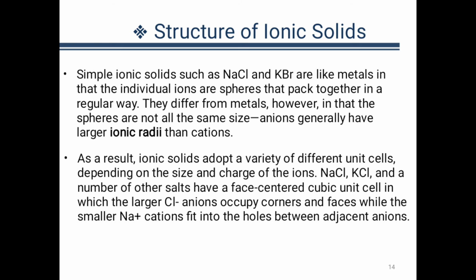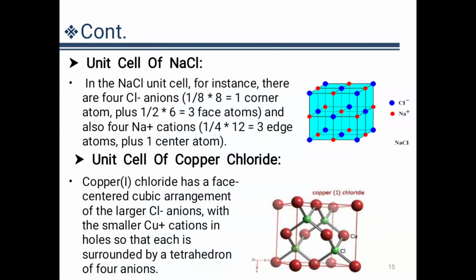Sodium chloride and potassium chloride and a number of other salts have a face center cubic unit cell in which the larger chloride anions occupy corners and faces, while the smaller sodium cations fit into the holes between the adjacent anions. So here is the unit cell of sodium chloride.